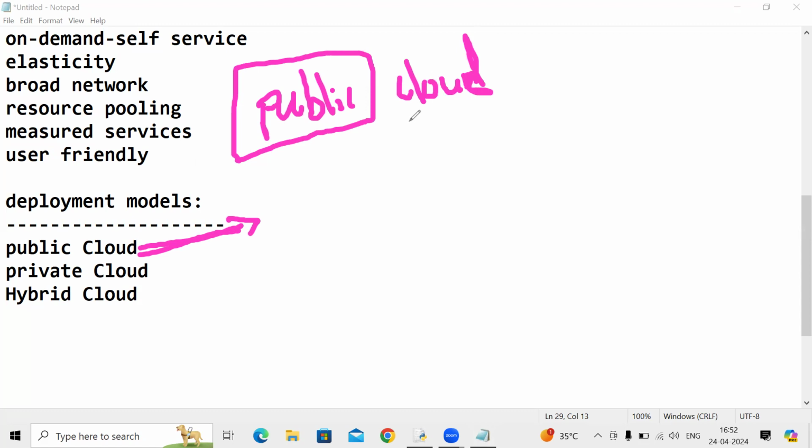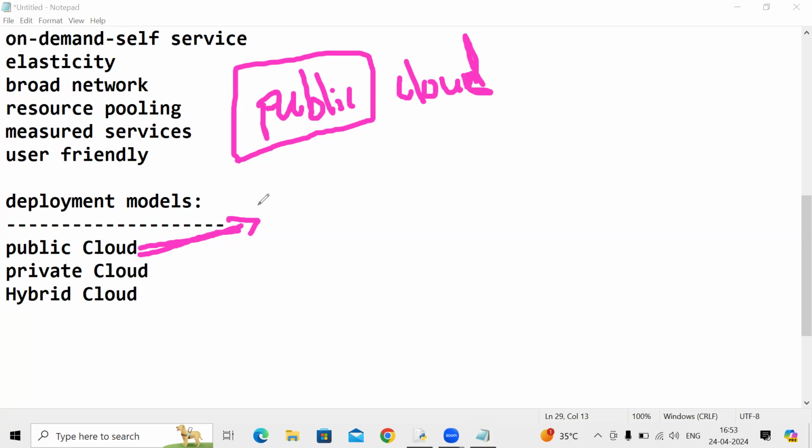Suppose we have the internet and Google. Google is public. Anyone can search using Google and anyone can find answers using Google. Why? Because it is public. There are no restrictions, like it will work only for this region or only for these users, right?